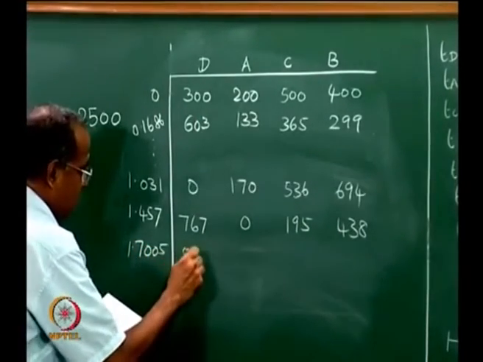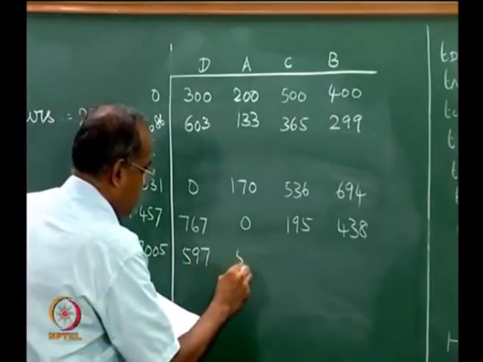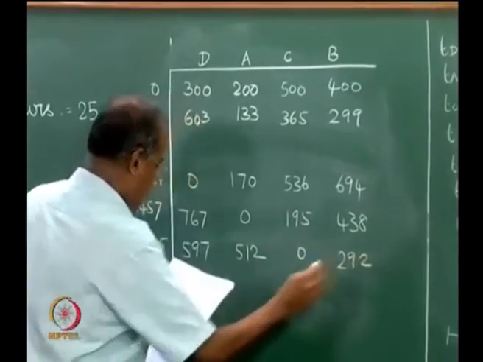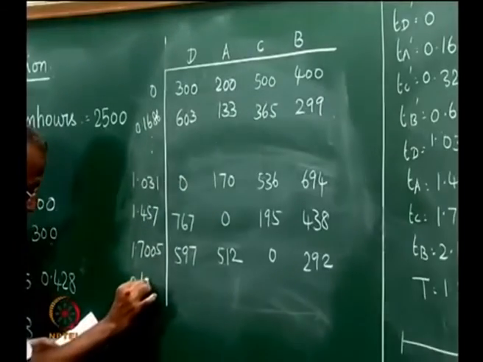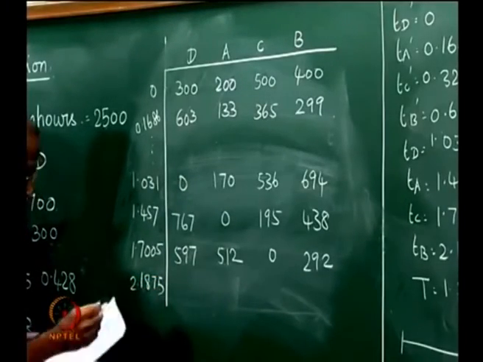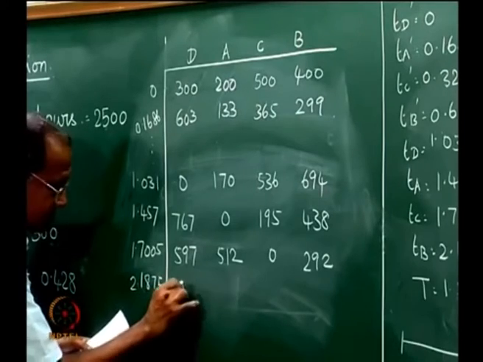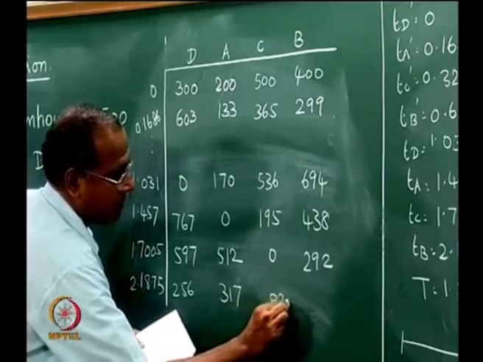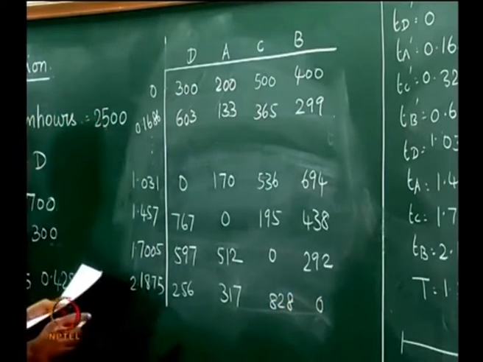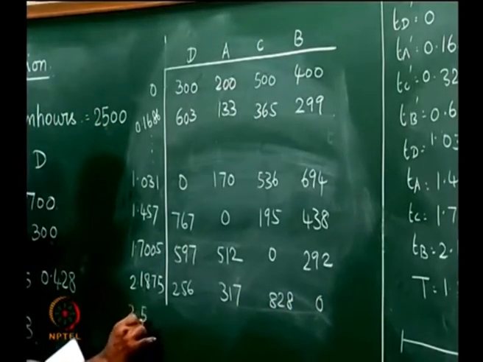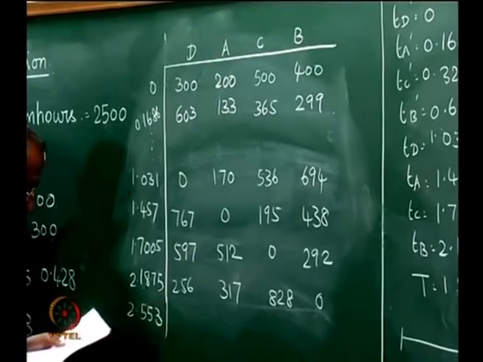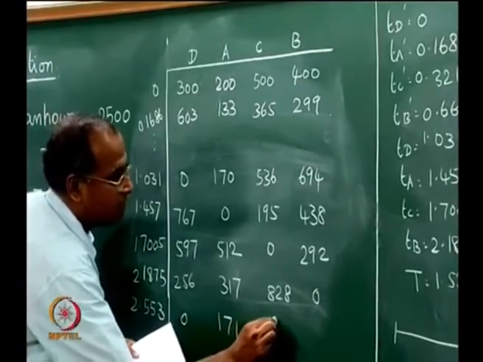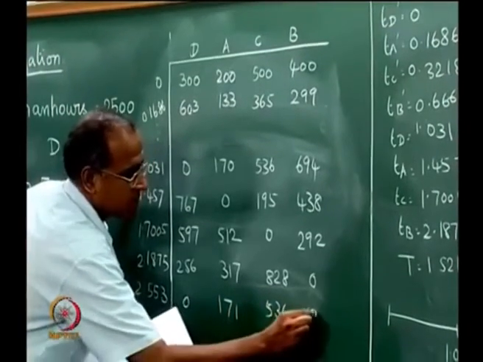At 1.7005, 597, 512, 0, 292. At 2.1875, 256, 317, 828, 0 and at 2.553, it is 0, 170 or 171, 536, 694.